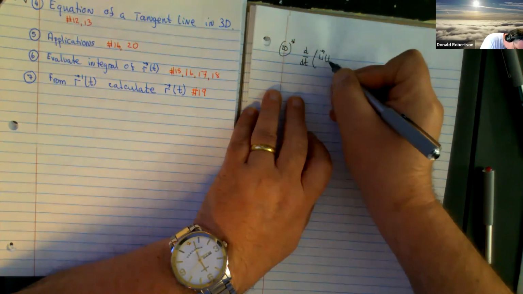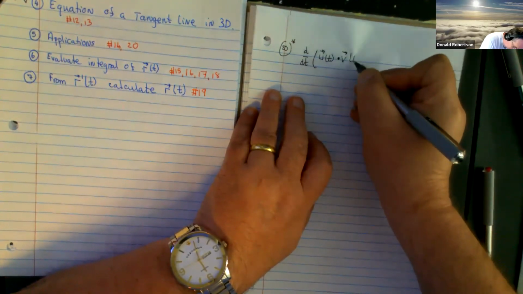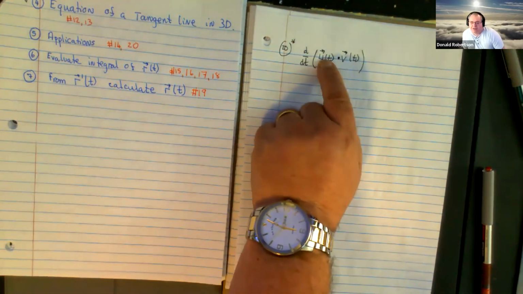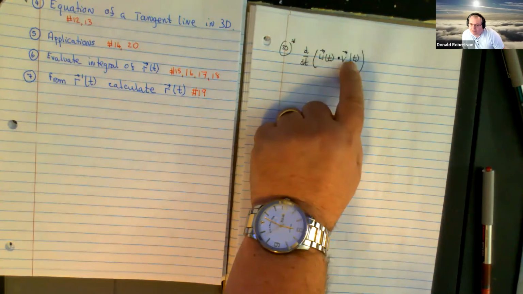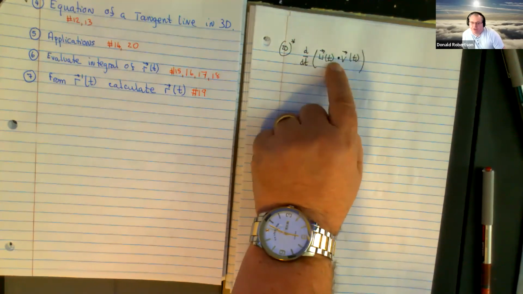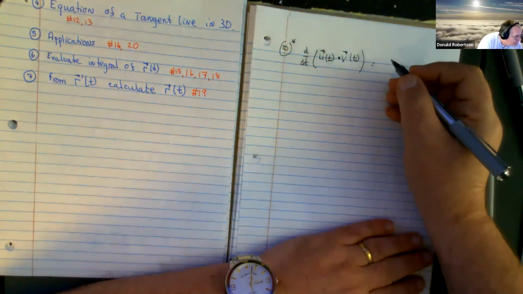Imagine you have a function u of t dot product v of t. So you've got two vector functions, u and v, and you take their dot product. When you take the dot product, don't you just end up with a scalar, like t cubed plus 5t squared minus sine t, that kind of stuff? And then you differentiate it. Well, it's equal to the following.